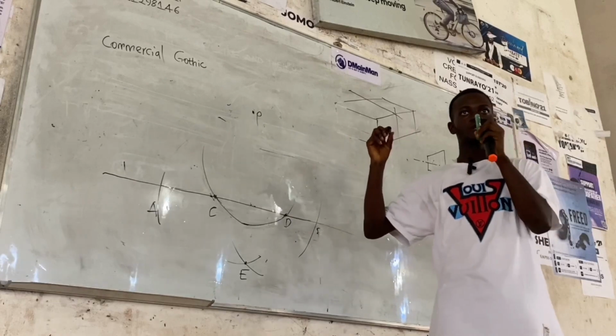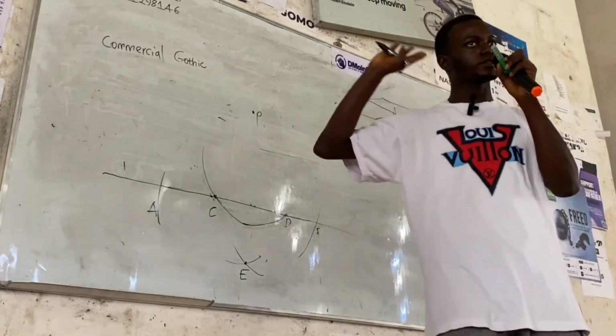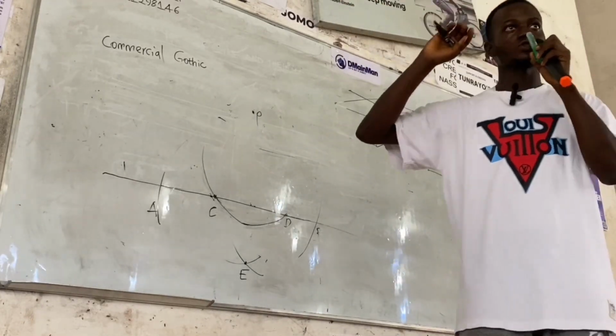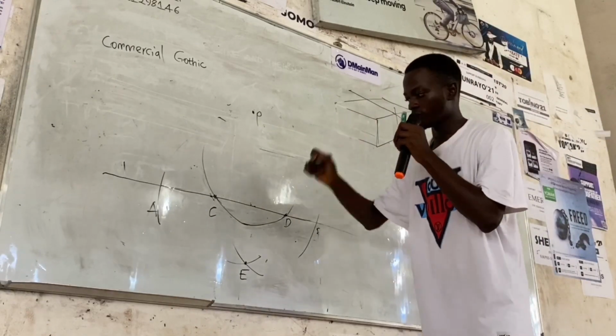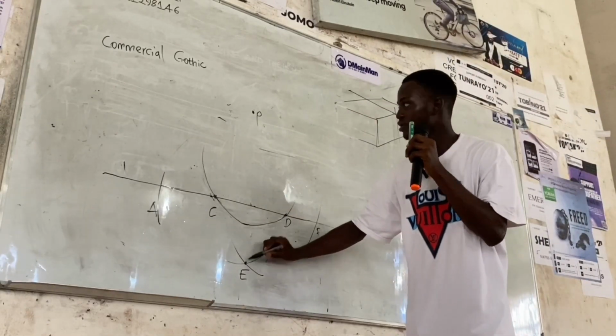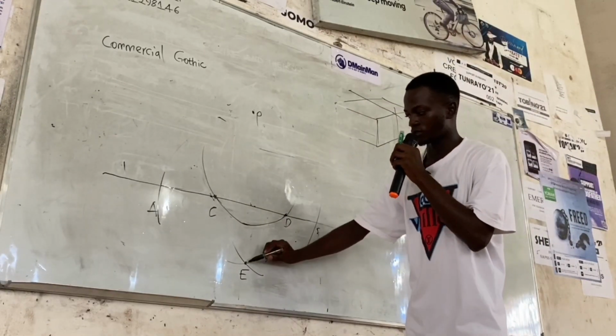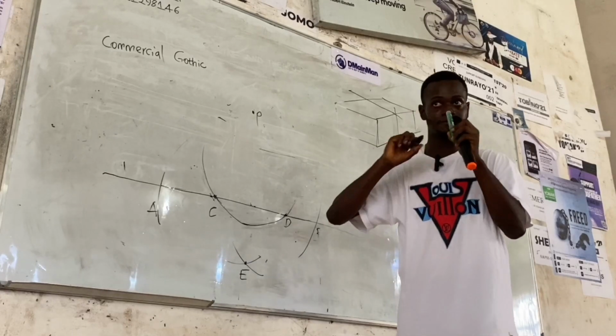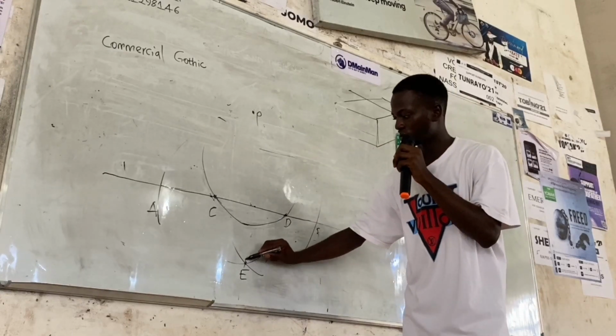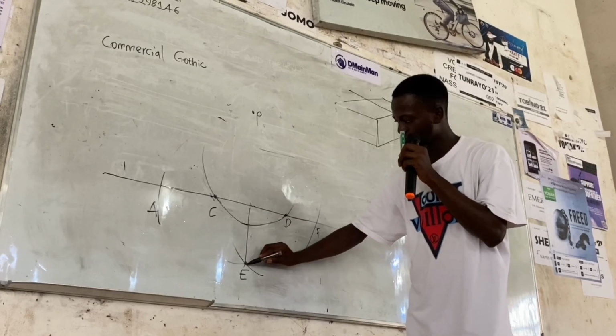I would advise you to use your thin continuous line at first. Draw the line from this point to this point so that it should be very easy for you.